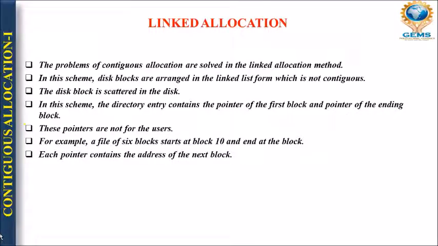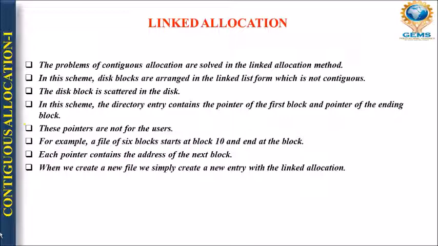Each pointer contains the address of the next block. That means not only do we have the starting pointer and end pointer, each block at a different location is pointed to with the help of a pointer, and the current pointer will store the address of the next block.